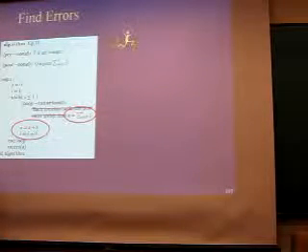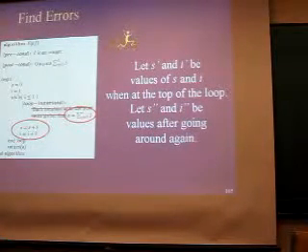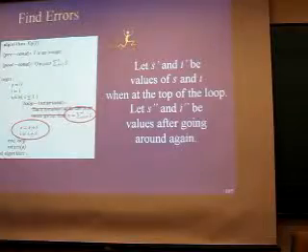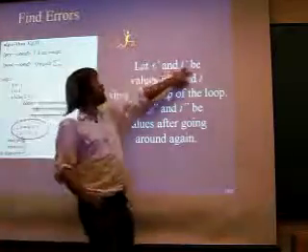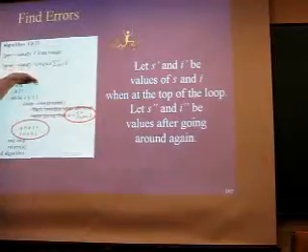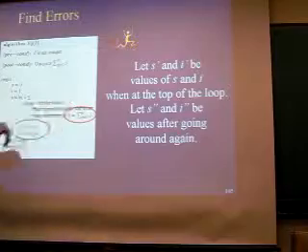Let me give you a hint. Everything's wrong with this code. All right, so let's go through it. Let's be careful of the values beginning and ending. Let S prime and I prime be the values when we're at the top of the loop, and S double prime and I double prime be the values after we come around again.